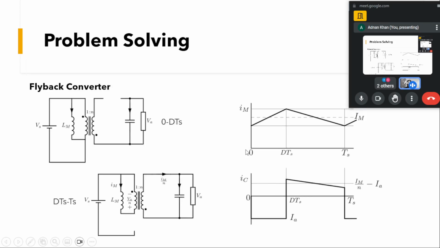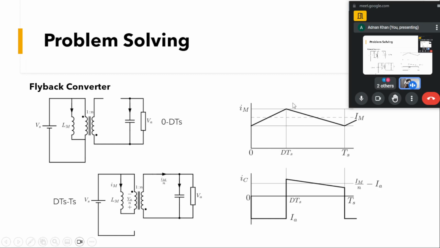What we have to calculate is the average of this magnetizing current. So we'll apply the inductor equation for this. It increases up to a point, then decreases.